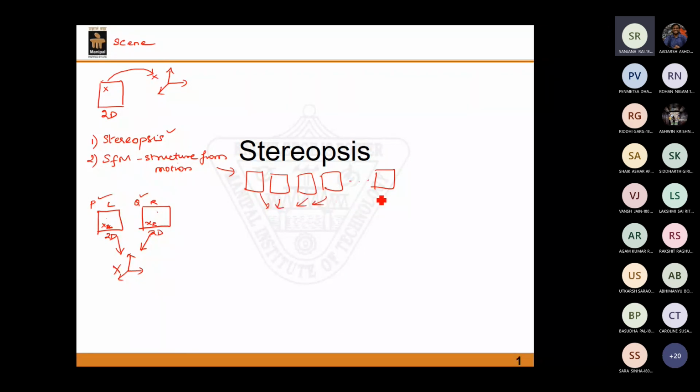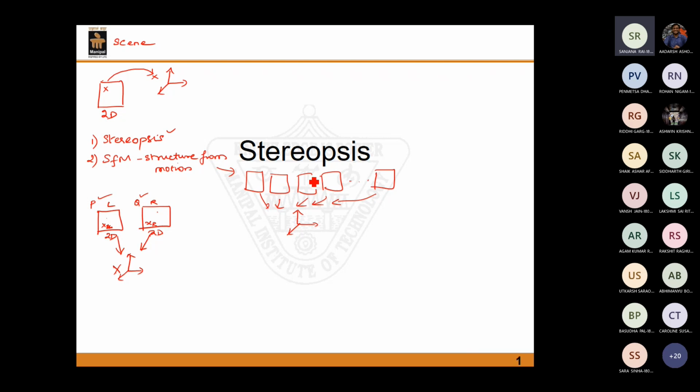We make use of the information from all of these to get the 3D reconstructed scene. The details of this SFM approach, we'll be seeing later. What you need to remember now is that unlike stereopsis, in this case we make use of multiple images.